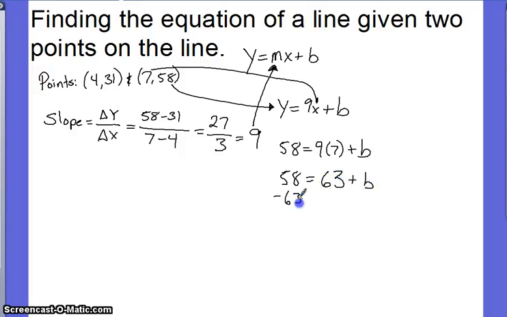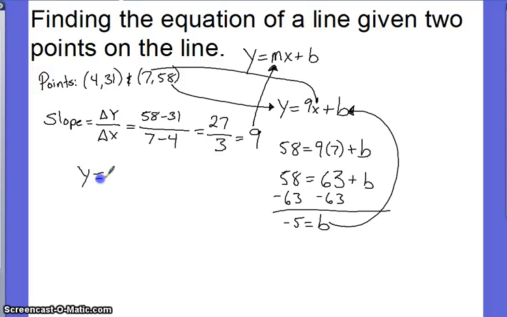Add a negative 63 to both sides to finish this off. 58 plus a negative 63 is negative 5. And so b is negative 5. Now I can plug that back into my equation. And now I have my final equation, y equals 9x plus a negative 5.